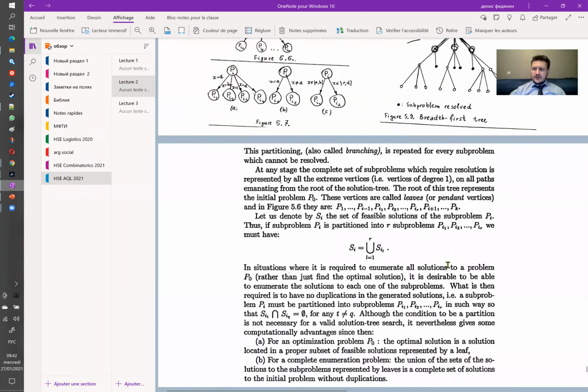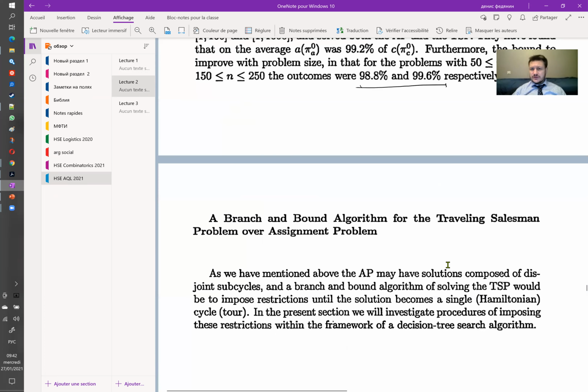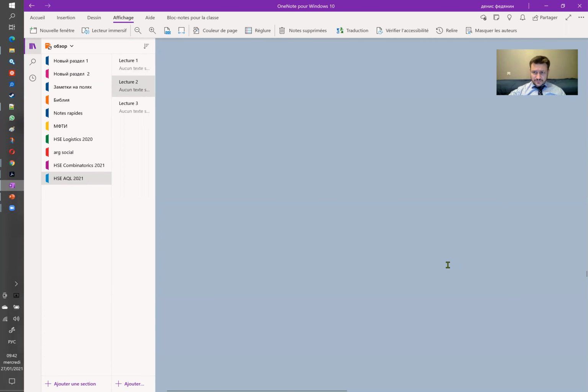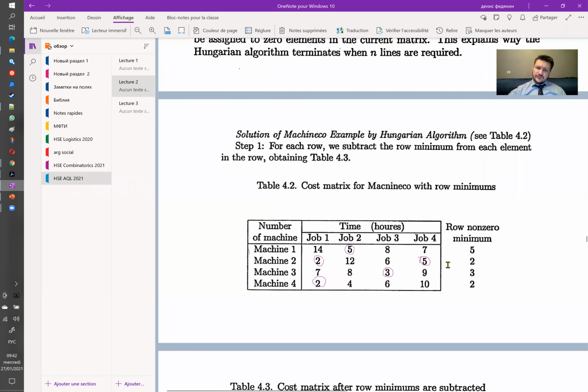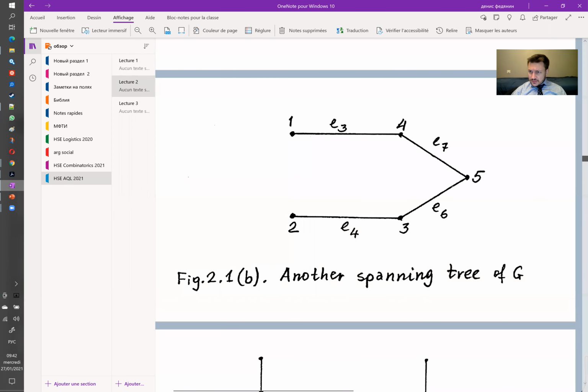The second one, sorry, was devoted to Prim's algorithm and Kruskal's algorithm and some others. I will just pass through it. Okay, I see that I can move it by mouse.